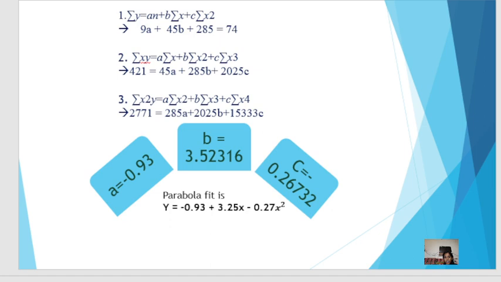Once we found these constants, we are going to substitute those values in the equation y is equal to a x square plus bx plus c. So this is the equation we are with: y is equal to minus 0.93 plus 3.25x minus 27 x square. So these are the three approaches to fit a curve.